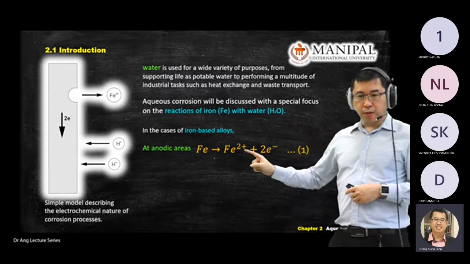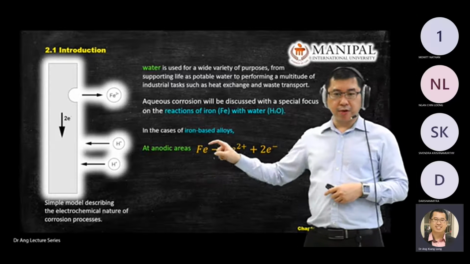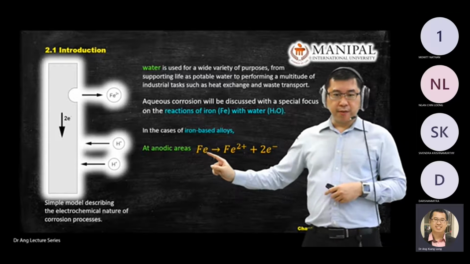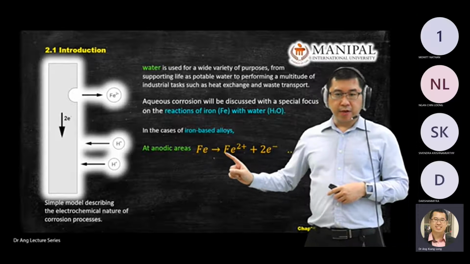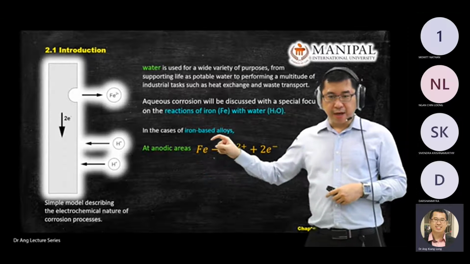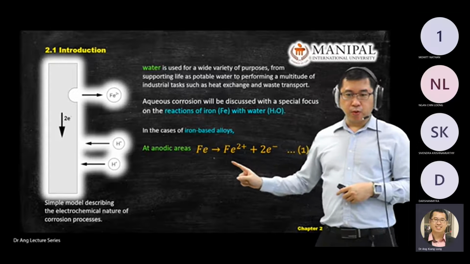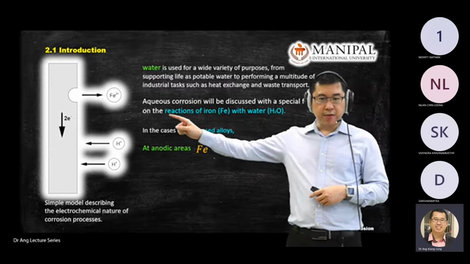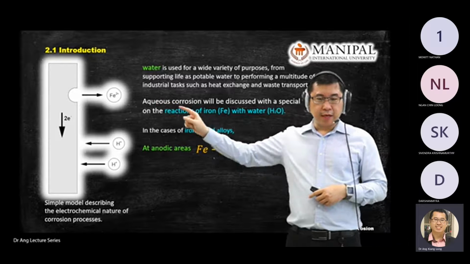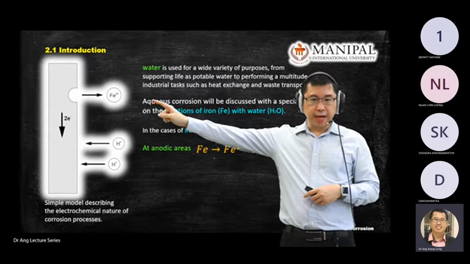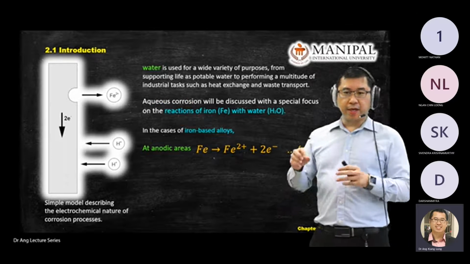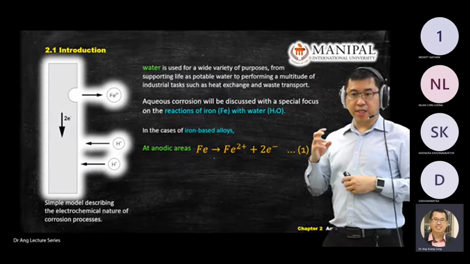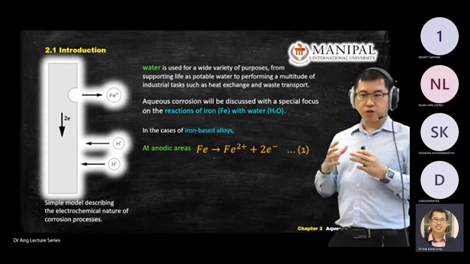So we start with what happened on the iron side. The process starts from iron, Fe, becoming a positive charge and contributing electrons. That's why you see on the top there will be a hole at the surface. That's why the corrosion definition has one keyword: we mentioned the destruction of structure.